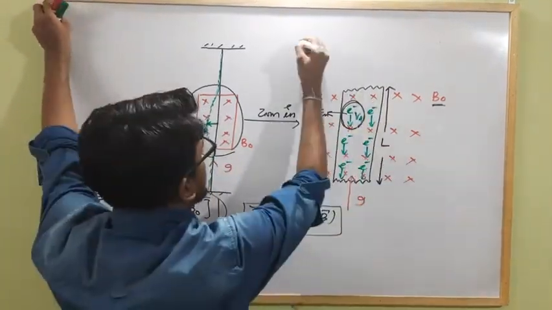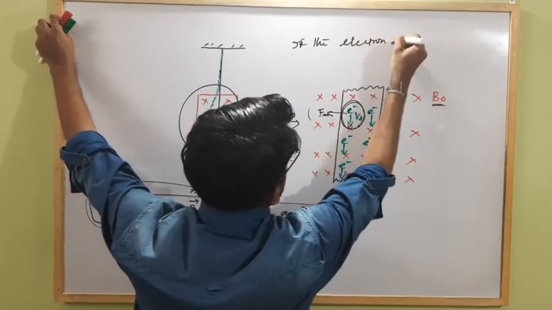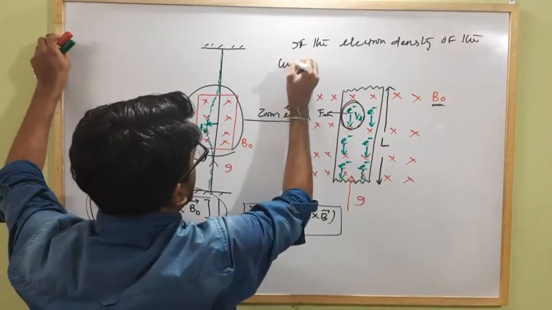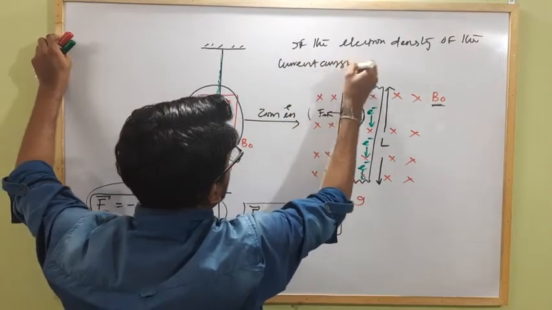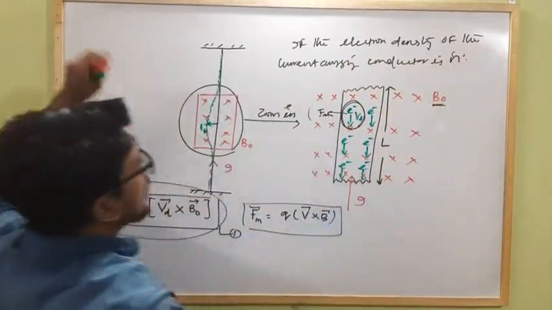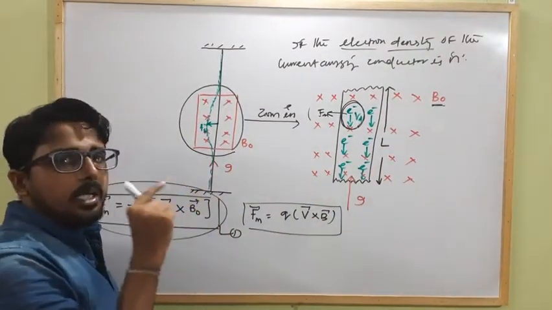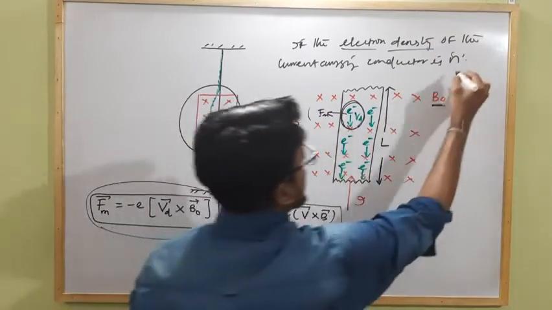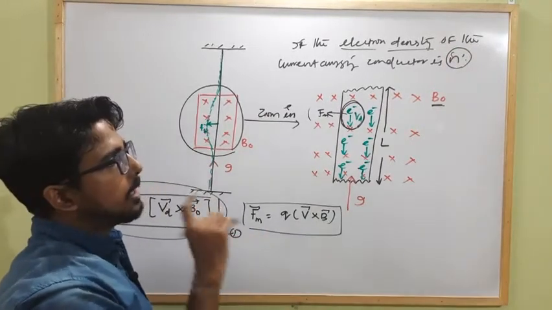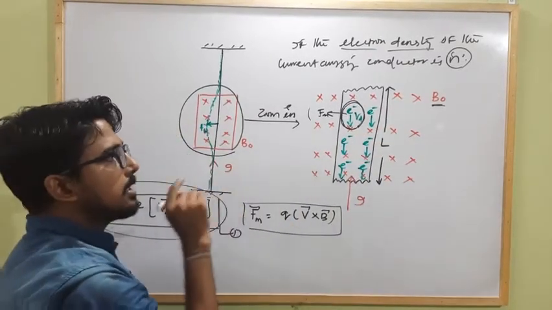Clear? In this case, let the electron density of the current carrying conductor be n. What is electron density? The number of free electrons present per unit volume of the current carrying conductor is n. If n electrons are present per unit volume, then in length L, what is the total number of electrons present?